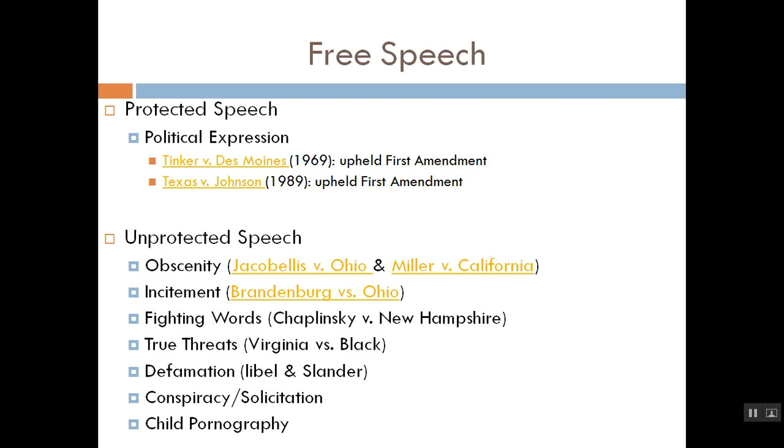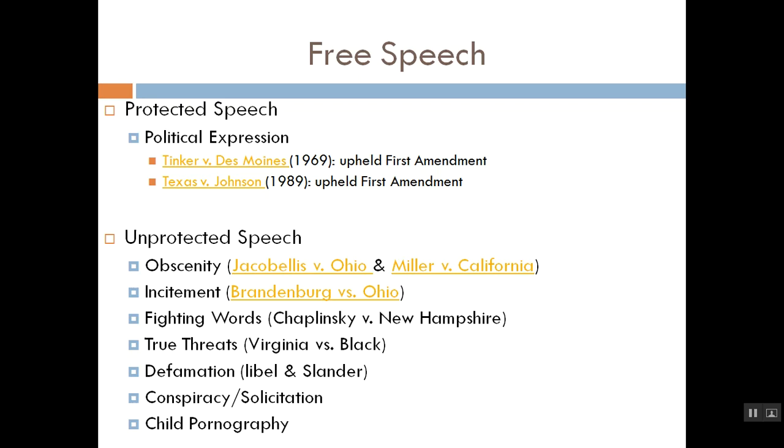And these types of standards were used to do things like prevent you from shouting "bomb" on an airplane, or, to use a more period-appropriate example, shouting "fire" in a crowded movie theater. You're not allowed to do that because it would cause a panic and people would flee and somebody might get hurt. But in Brandenburg versus Ohio, they revised that standard.